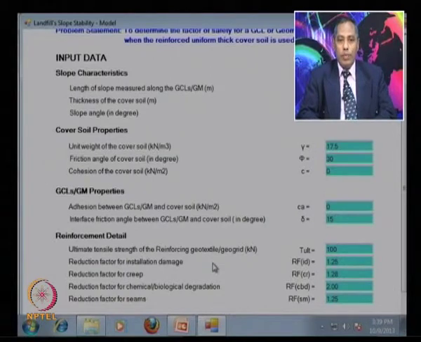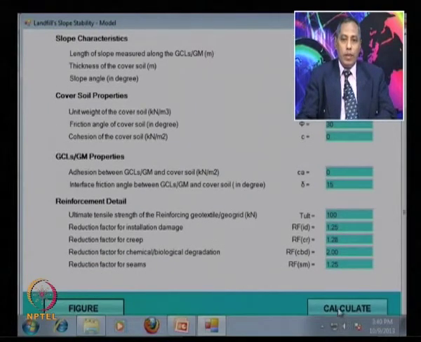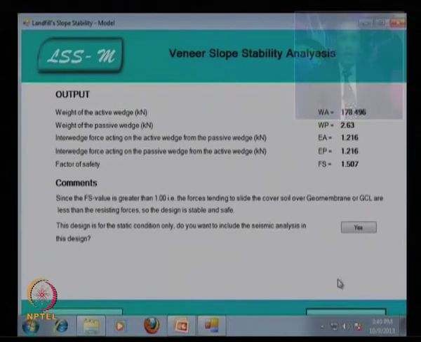So reduction factor for the seam, because it requires some joining of the geotextile or the geogrid material, RFSM is 1.25.